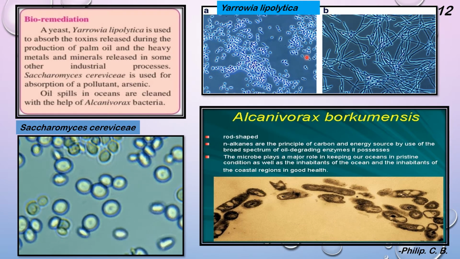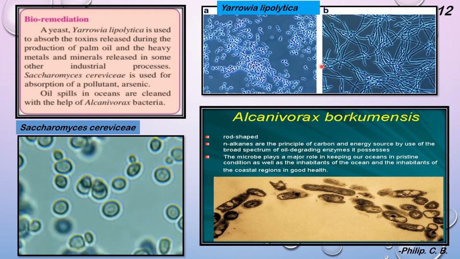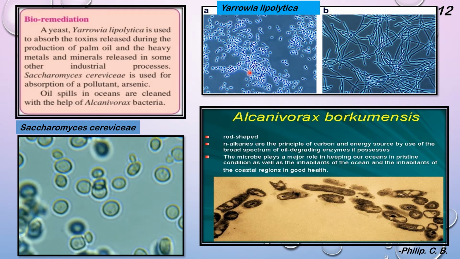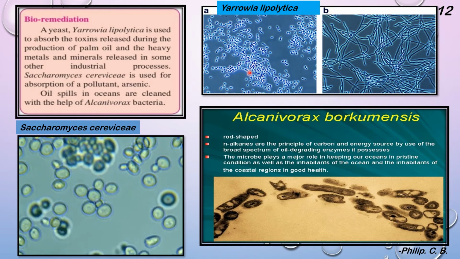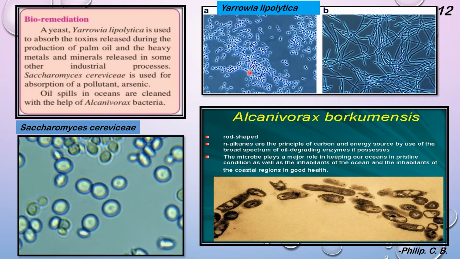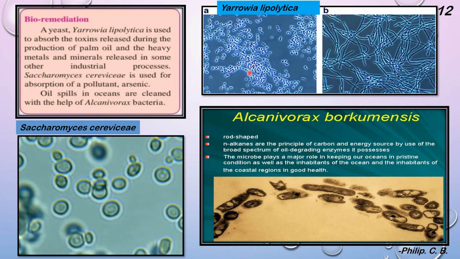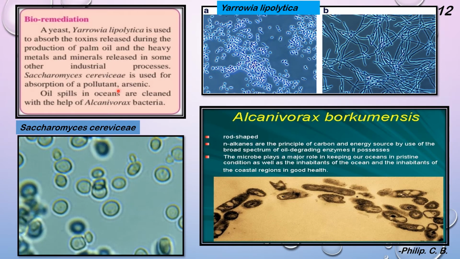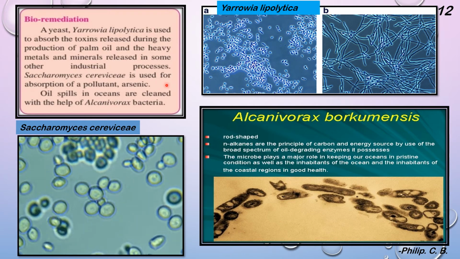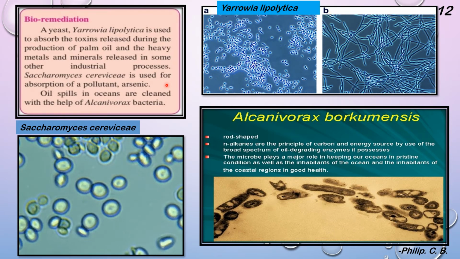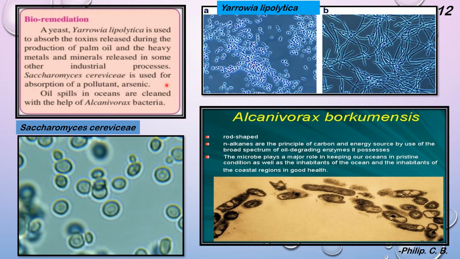There are two strains of different size we can see, Yarrowia lipolytica. Now, this microorganism is useful. Why? They absorb all the heavy metals which are produced during some industrial processes. Also, Saccharomyces cerevisiae is used for absorption of pollutant arsenic. So even this yeast is useful to absorb pollutants like arsenic.